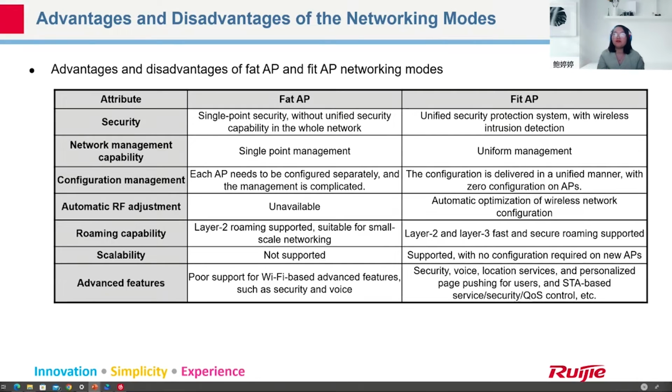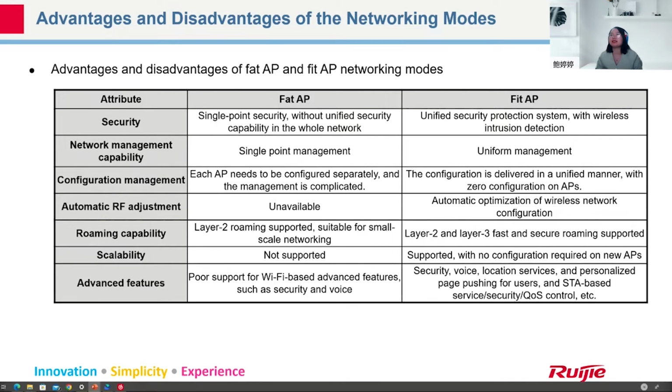Of course, if you use a Fit AP, you have to master more technologies, for example, how to do RF optimization, how to select the best path, and how to make the tunnel configuration with the AC. This is a little complex to understand. It's a little more complex than the Fat AP.